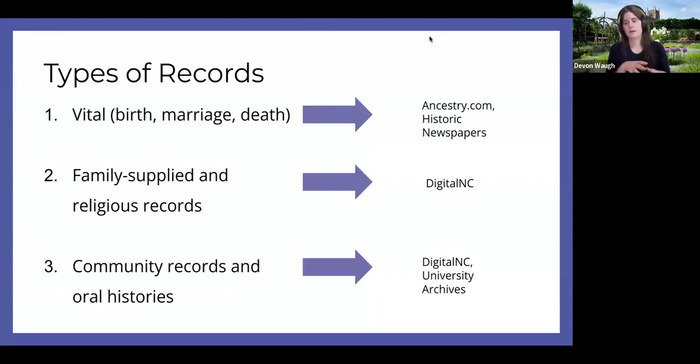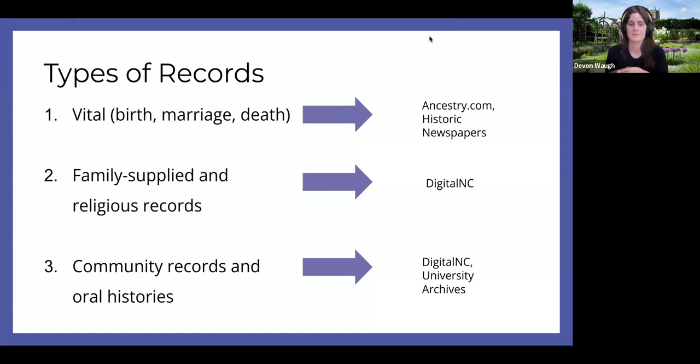There's a lot of university archives, especially for our HBCUs in North Carolina, like North Carolina A&T State or Winston-Salem State, that do have those community records. There's a lot of things that you can find through a combination of these resources and Googling certain names.